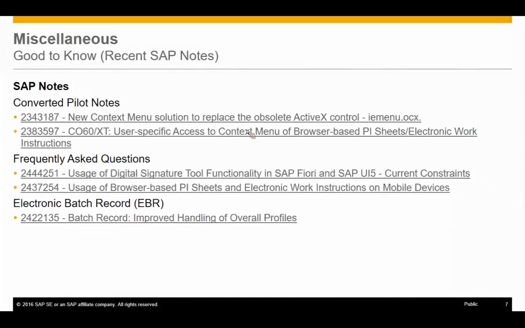You might know that to use this context menu in the PI sheets or work instructions, you have to download this IMNU OCX control, which is not available anymore at the Microsoft site. A colleague of ours was able to completely replace this solution with a JavaScript-based one, which has some advantages. And you already saw the new command showing the reason for value change. It was automatically added to this context menu, so it really works fine.